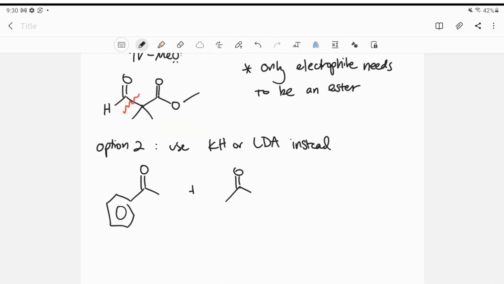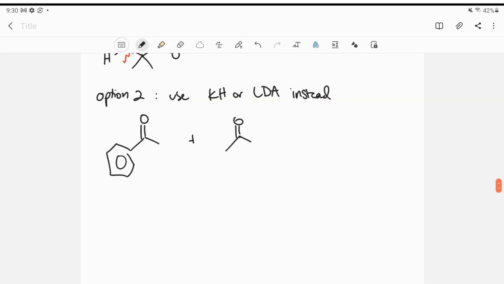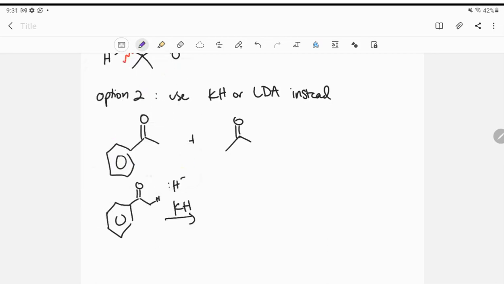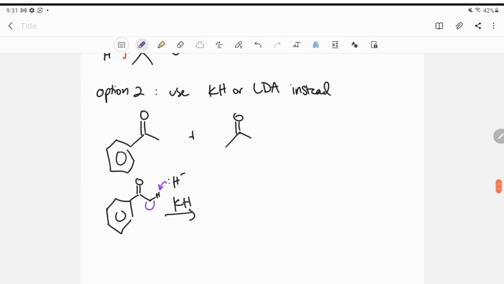I want the left one to be our nucleophile. So if I want that to be the nucleophile, I'm going to give it our strong base. Doesn't matter which one in this case. So H minus comes in. Forms our enolate.